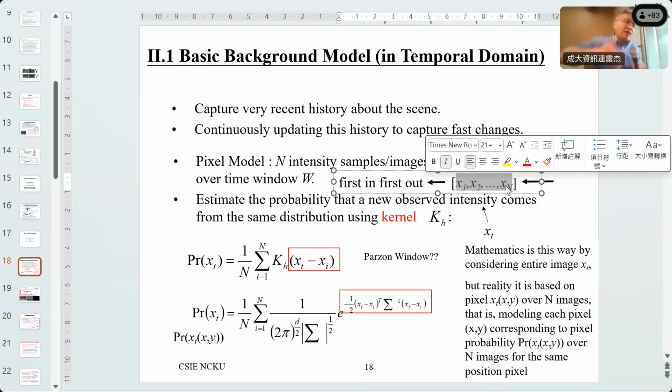You collect the data. Suppose the image resolution is 1K by 1K. So for each pixel you need to save a buffer of 60 values, and you have a 1K by 1K resolution. So 60 by 1K by 1K. That's the buffer you need to collect.